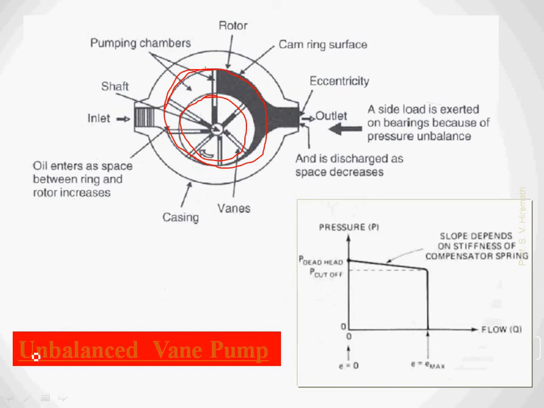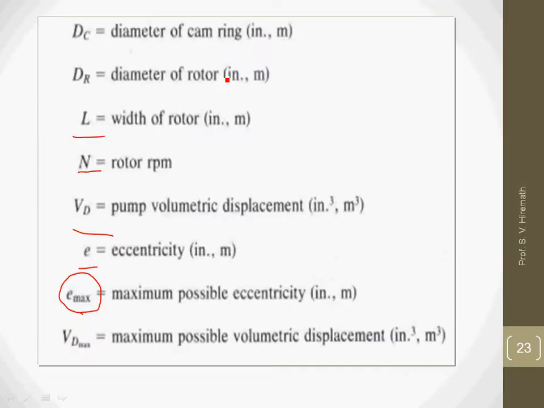How much maximum can we achieve the eccentricity here? So the maximum I can achieve, the diameter of this rotor should be at least equal to the diameter of the cam ring. That is the maximum I can achieve.